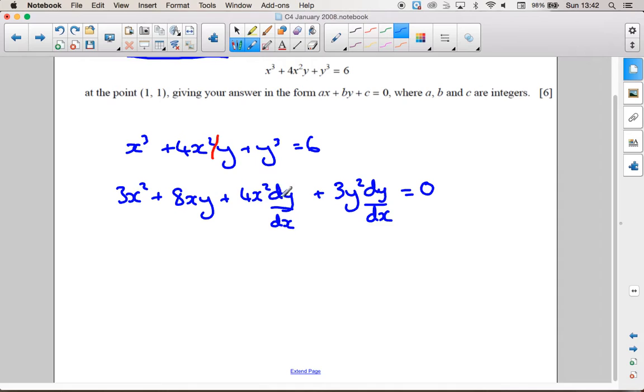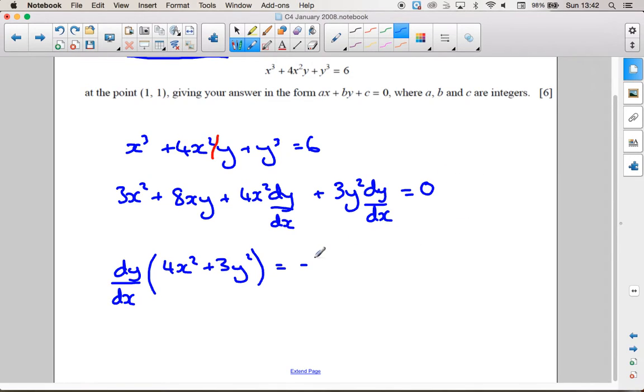So what we can now do is take those two terms that have got the dy by dx in them, the 4x squared dy by dx and the 3y squared dy by dx, and factorise the dy by dx out of those two. We've still got the 3x squared and the 8xy, but I'm going to also move those to the right side of the equation.